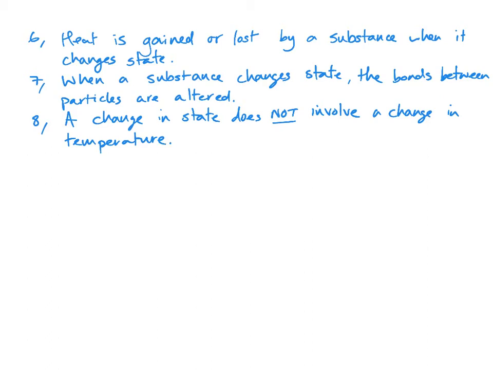And then an equation to describe these is actually simpler than the change in temperature one, because the only thing that really affects the amount of energy required to change state is how much of the material you've got, the mass. So you don't need a change in temperature term.